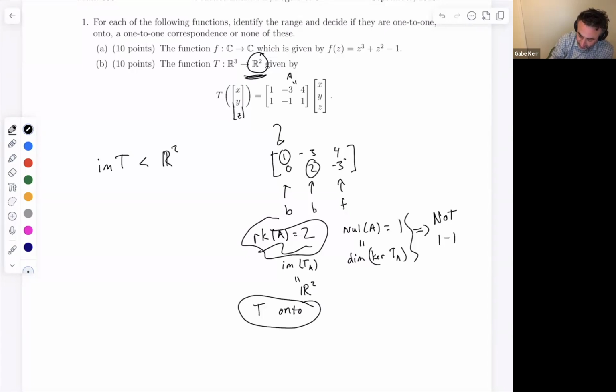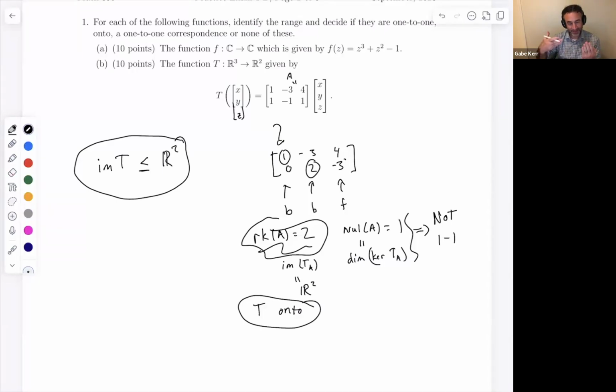This should have a Z. My bad, apologize for that. Anyway, we take the image, it's going to be a subspace of R2. This is just saying it's a vector subspace. But the dimensions are the same. So in other words, it's a plane inside the plane. There's only one plane inside the plane. It's the whole thing.